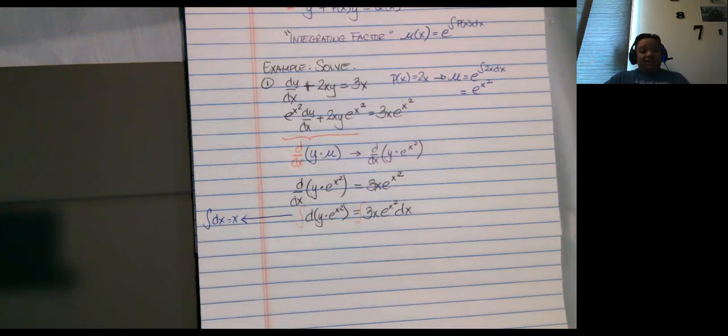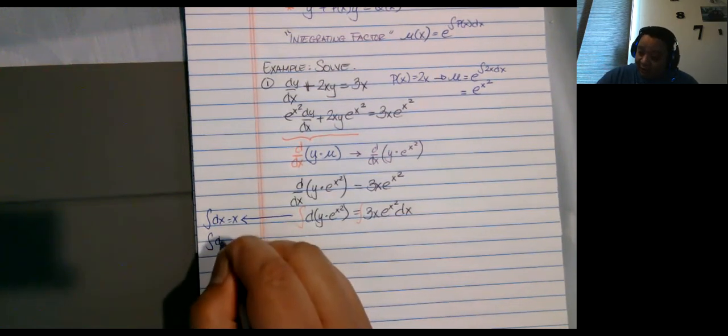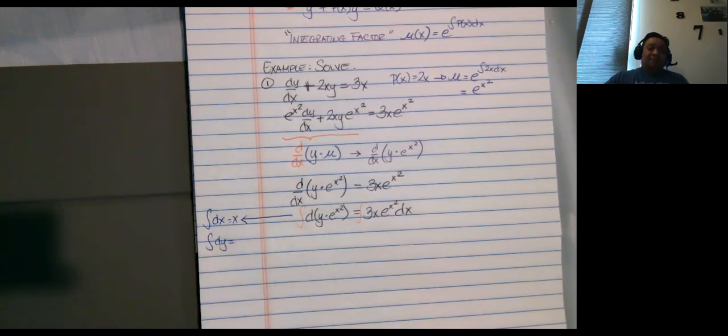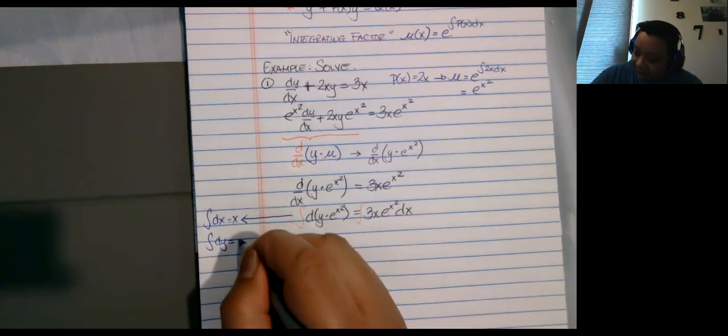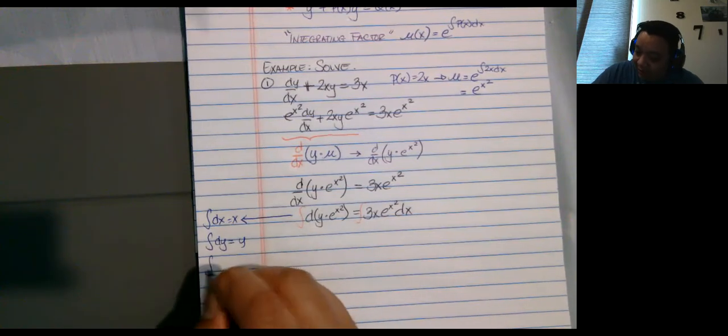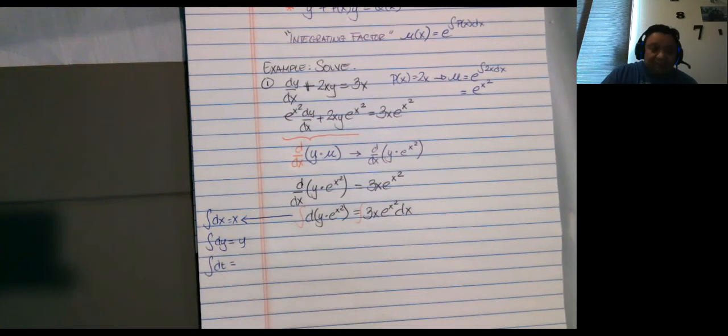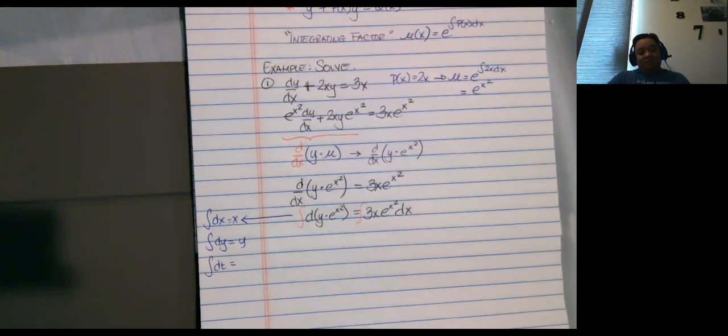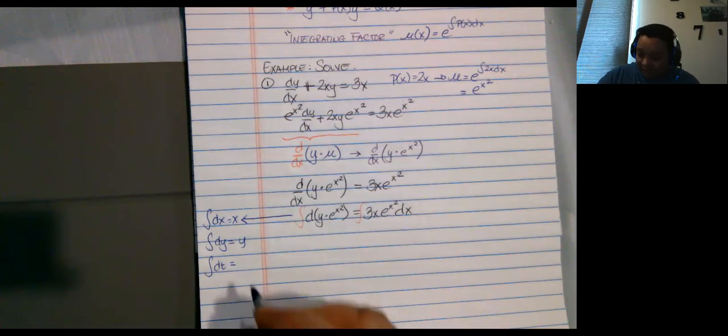So some of you are saying x, and that's correct. It is just x. What's the integral of dy? It's y. What's the integral of dt? It's t.